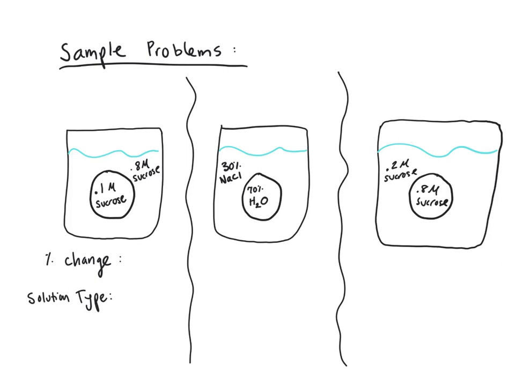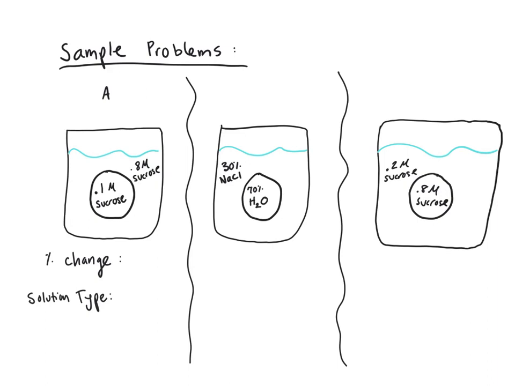Okay, let's look at this sample A. So you have a 0.1 molar sucrose solution on the inside of the cell and a 0.8 molar sucrose solution on the outside of the cell. So in this case, there is a lot of sugar in this solution. So 0.8 is really high. 0.8 is higher than 0.1.